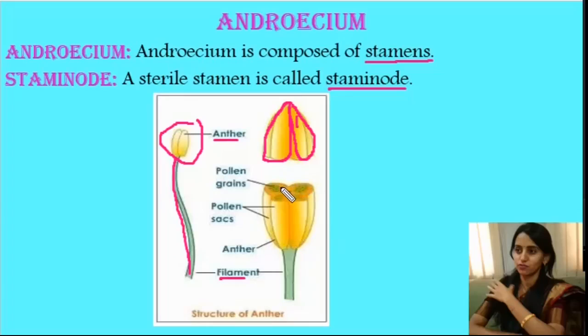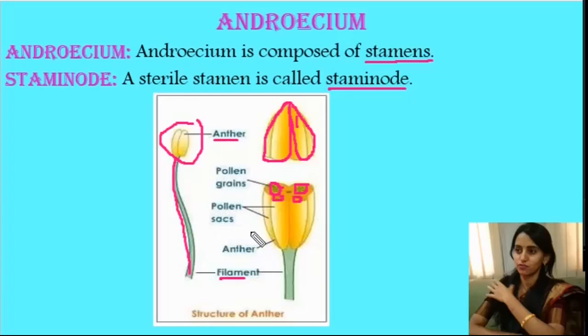These chambers are known as pollen sacs. This is one pollen sac and this is another pollen sac. This is another pollen sac and it is another pollen sac. So this is one lobe here and it consists of two chambers, that is two pollen sacs, and this is another lobe here, it consists of two pollen sacs.